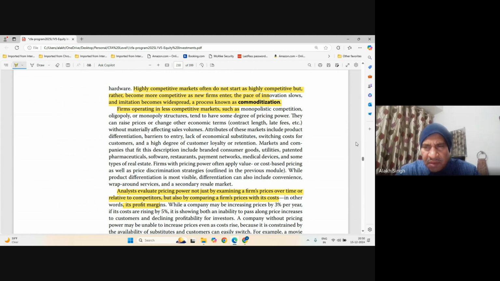These new firms copy it, so the pace of innovation slows and imitation becomes widespread. That process is known as commoditization. It means no research and development, because others are copying you. When others can copy easily and many firms have started producing, then the lowest cost producer will win. That process is known as commoditization.